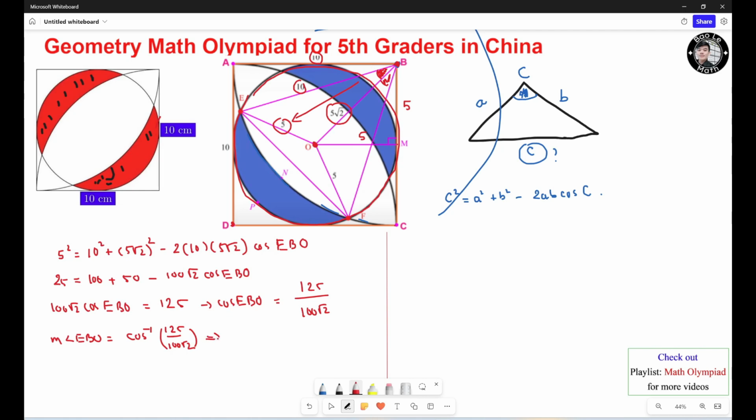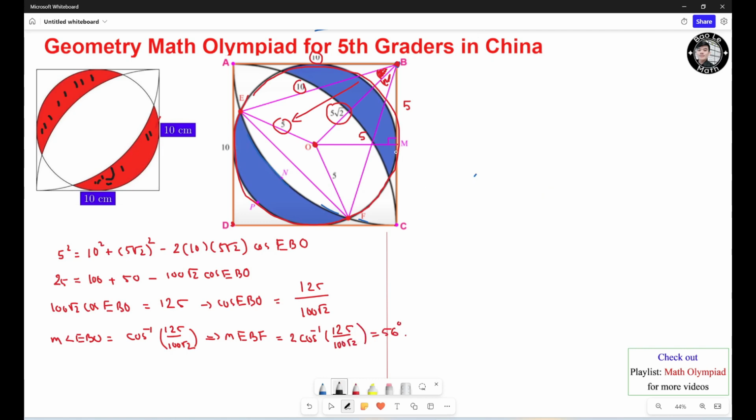So the measure of angle EBF equals 2 times the cosine inverse of 125 divided by 100 root 2. Similarly, we need to find the measure of this angle right here.